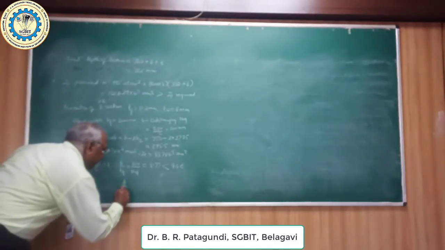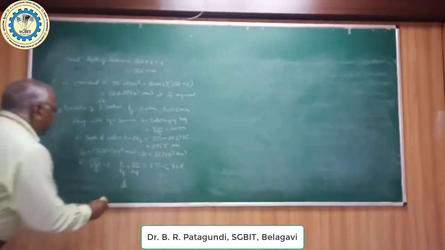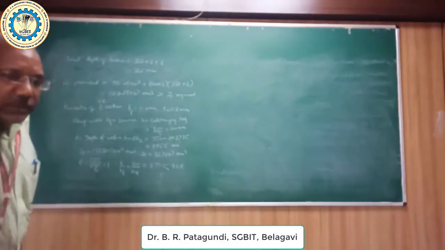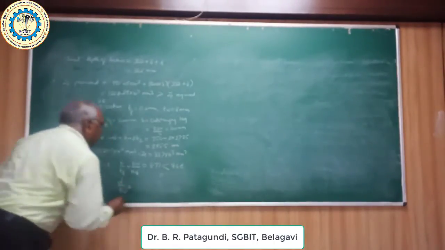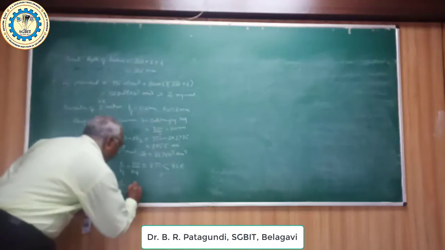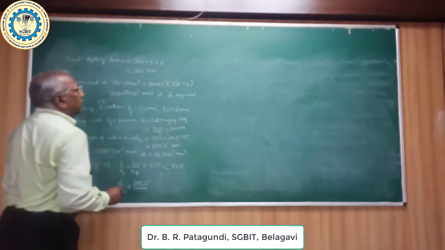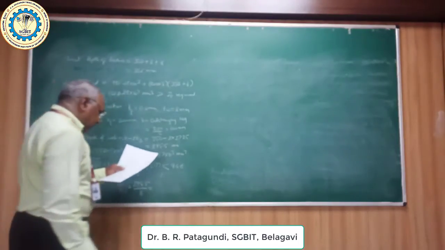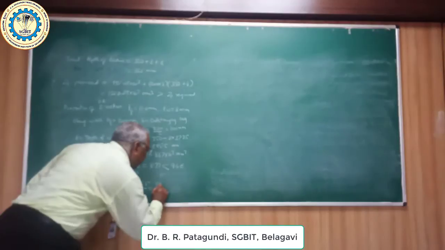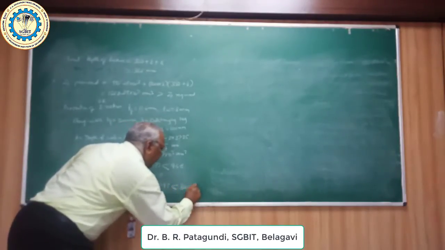Then D by TW is equal to 295.5 divided by TW, which is 8. So this is equal to 36.93, which is also less than 84 epsilon.